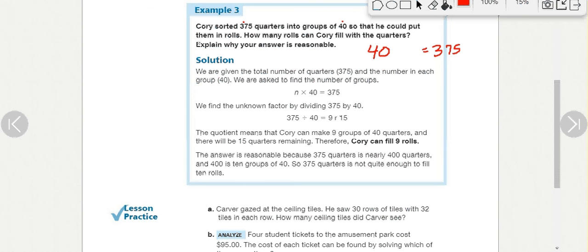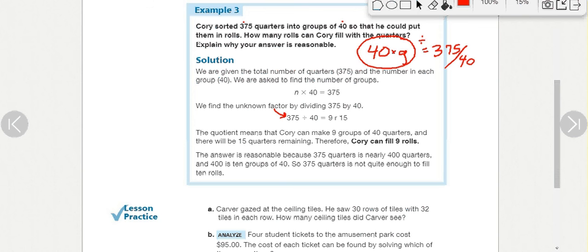I think rolls of quarters are usually 40, but we don't know he's using the bank standard roll. We just know he wants even groups. So let's put G here. 40 times G is 375. How do I find a missing factor? By dividing this total by the known factor, just like this.